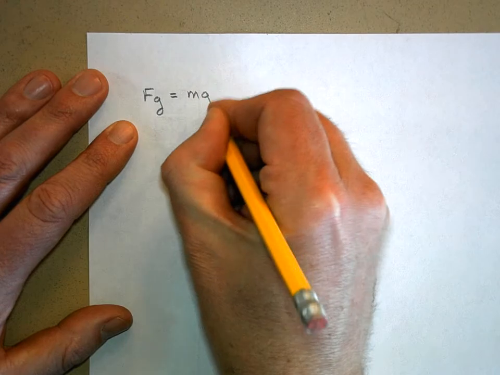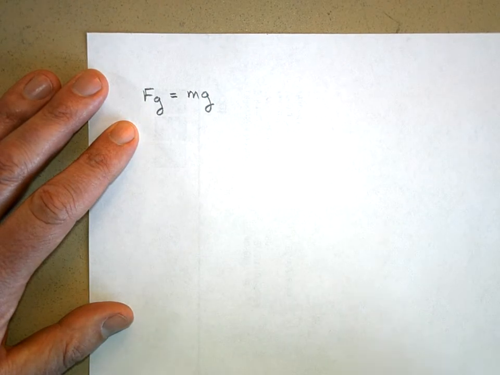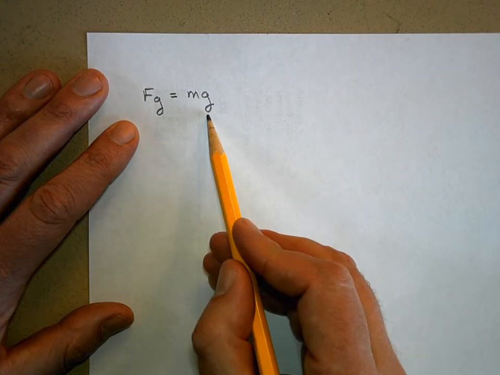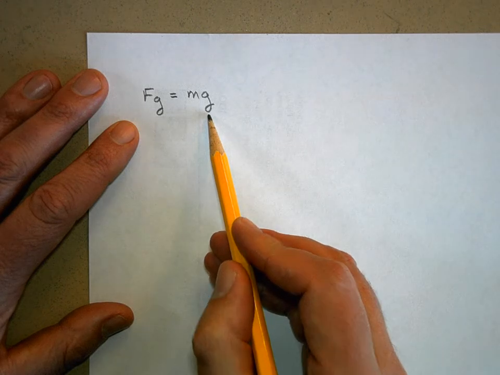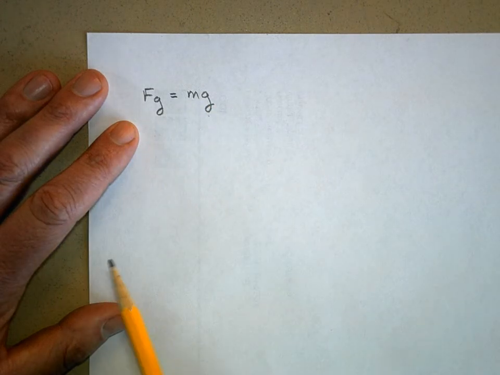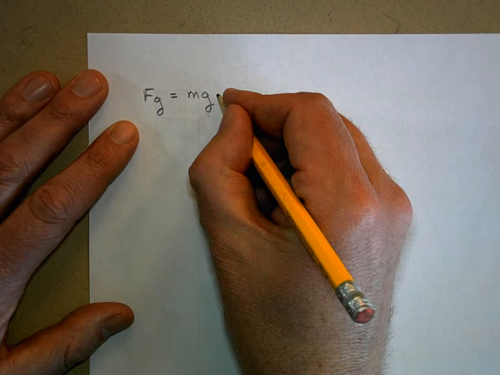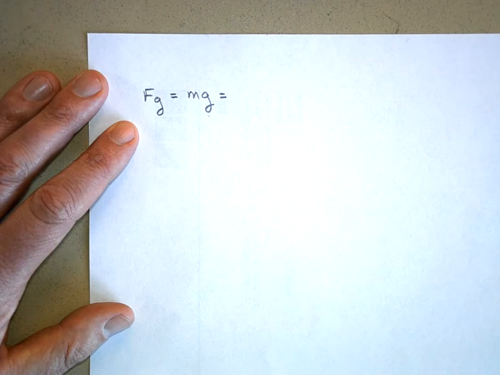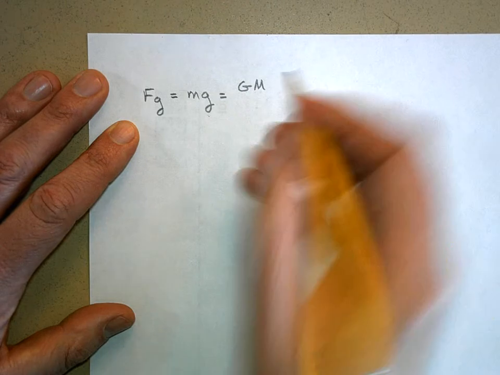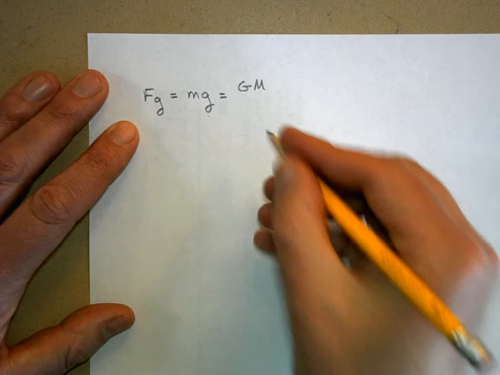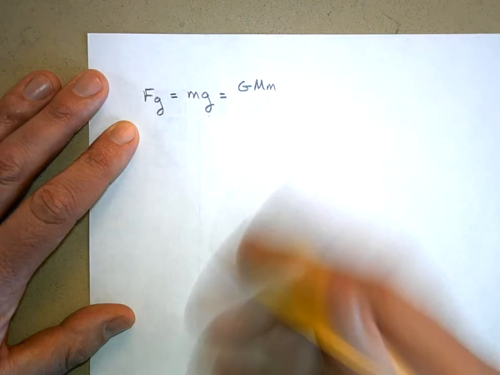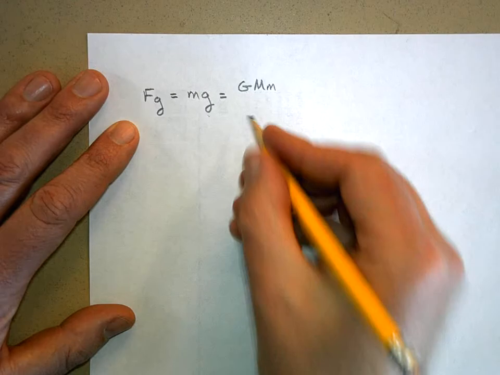That's still true, where g is the acceleration due to gravity. Mass times acceleration is a force. But it's also equal to big G times the mass of my planet or whatever, times your mass or the mass of your spacecraft, over r squared.